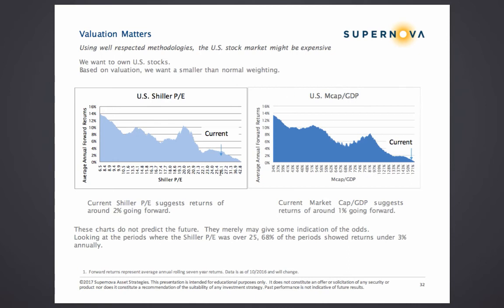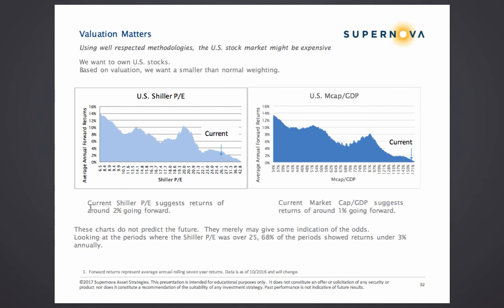While this data is not necessarily current, based on when we printed this chart in October of 2016, based on the Shiller PE of the S&P 500, we should expect around 2% average annual returns over the next 7 years. If we use market cap to GDP methodology, we should expect around 1% per year for the next 7 years.